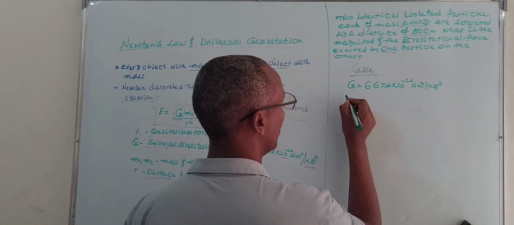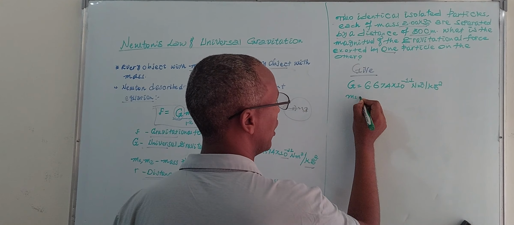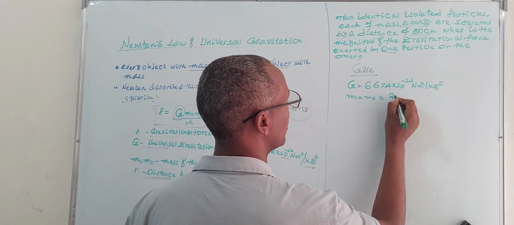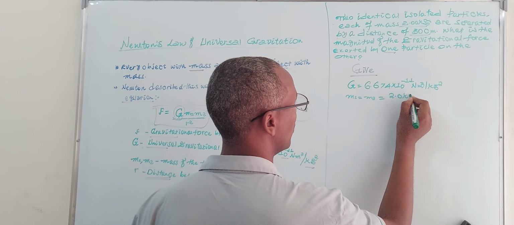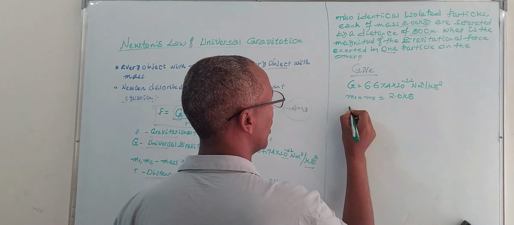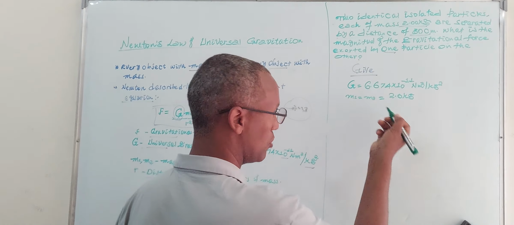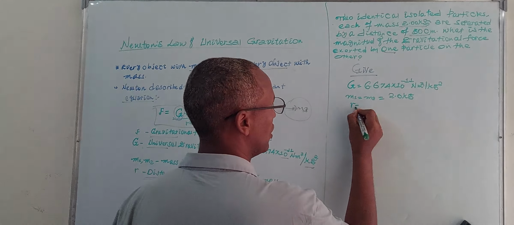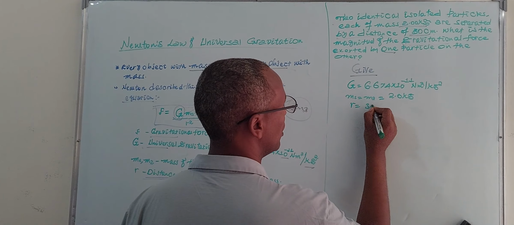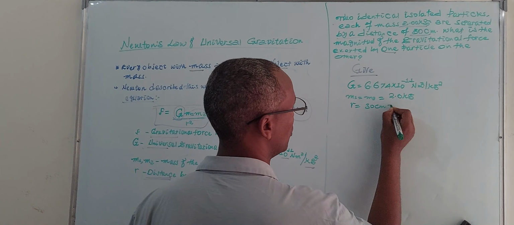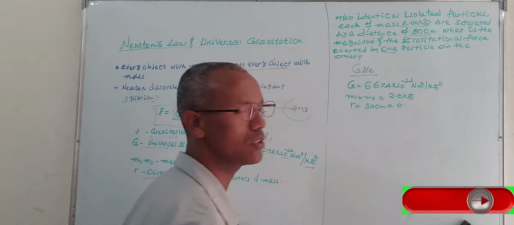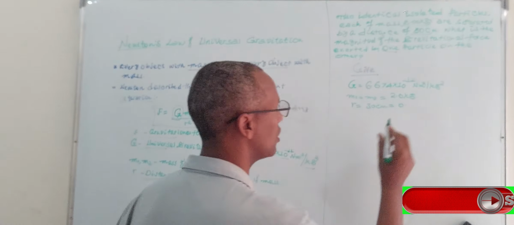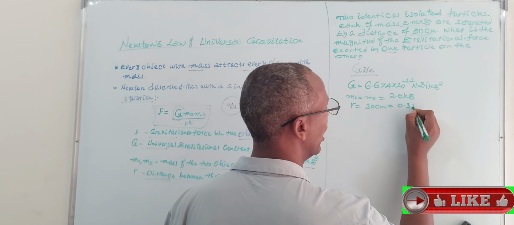Okay, and then we have m1 as well as m2, which is equal to 2 kilogram, and then we have the separation between m1 and m2, which is 30 centimeter. You need to convert to the SI unit, which is 0.3 meter.